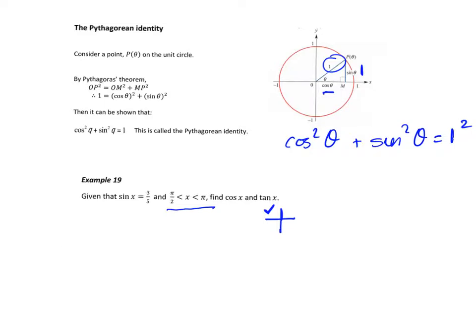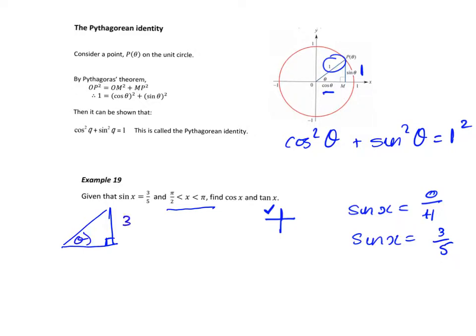So what I might do is just start off by drawing a triangle. Because sine of x is opposite over hypotenuse, and we're told that sine of x is equal to 3/5, if I put my theta down here, my opposite is 3 and my hypotenuse is 5.